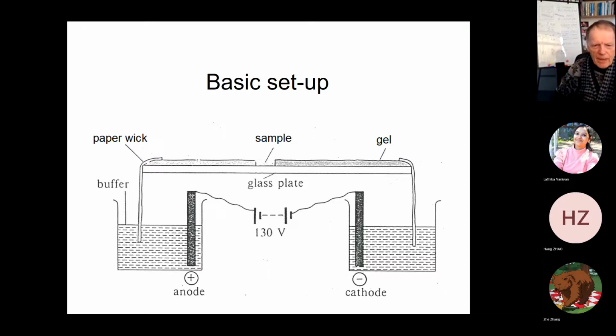But if the molecules have moved through a gel, then the gel will tend to preserve that separation, at least for a period of time, and hinder the diffusion back in. That's why we use a gel.